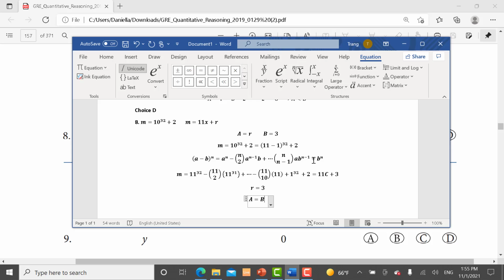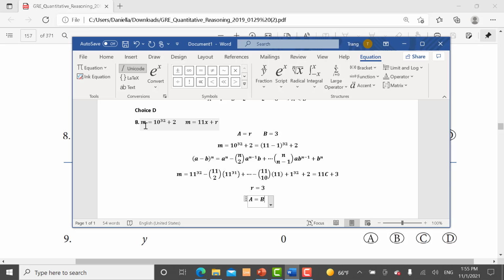I repeat, the question gives m in the form of 10 to the 32 plus 2, and when m is divided by 11, the remainder should be r, and we want to compare r and 3. So I start by writing down m. m is 10 to the 32 plus 2.